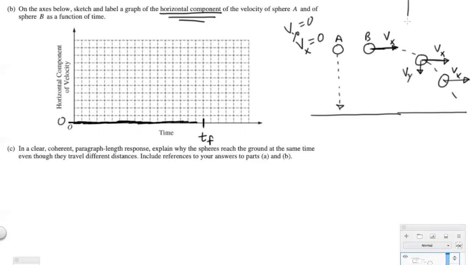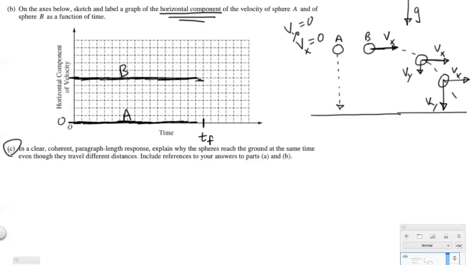Because gravity is accelerating the sphere that way. So the vertical velocity is going to get bigger, but for this question, we're focusing on the horizontal velocity. So for sphere B, pick some value, it doesn't really matter. And we're going to say this represents sphere B. So there's sphere B, this is sphere A. The horizontal velocity remains constant.